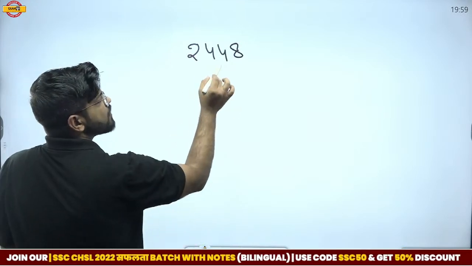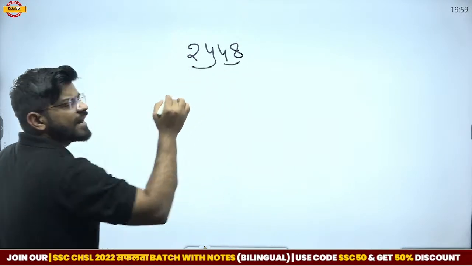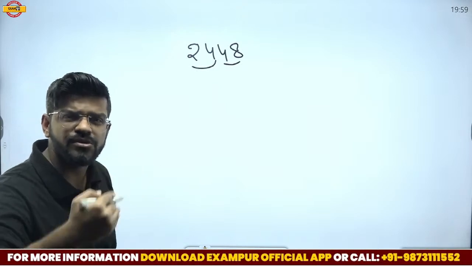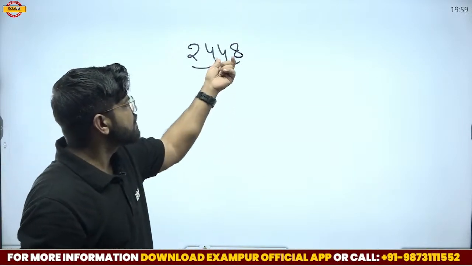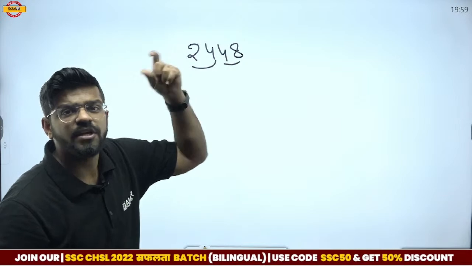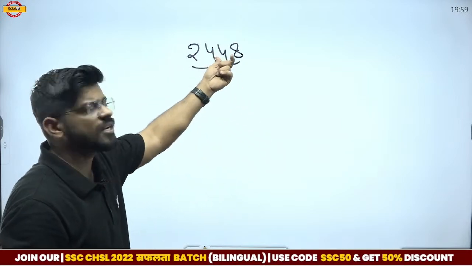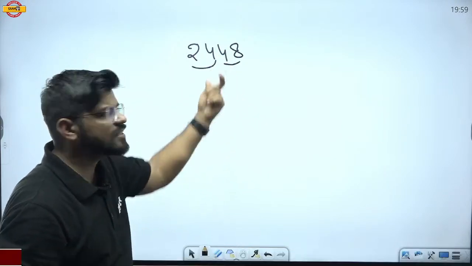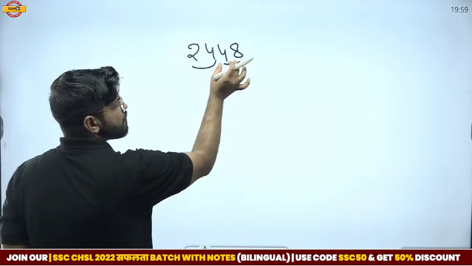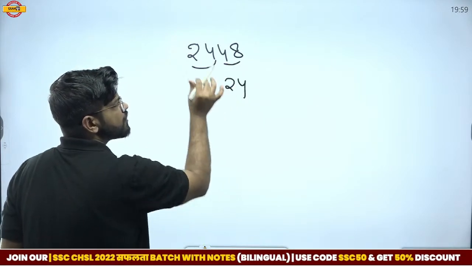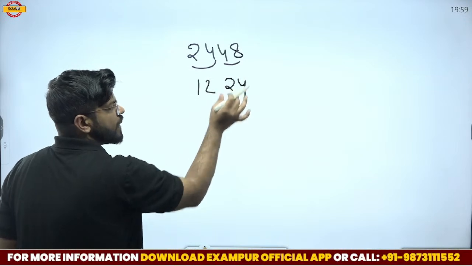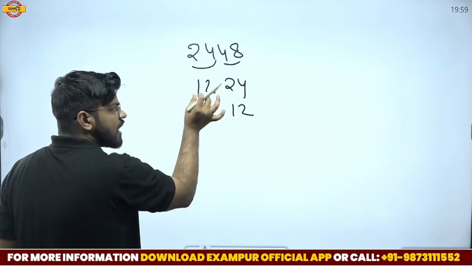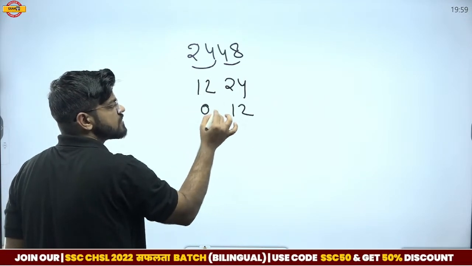For dividing by 2, just see, can you reduce the pair by 2? If I am reducing this pair, we will get only a 2-digit number. If a 2-digit number is reducing to a 2-digit number, just divide it. That means 48 gives you 24, 24 gives you 12, and this will give you 06.